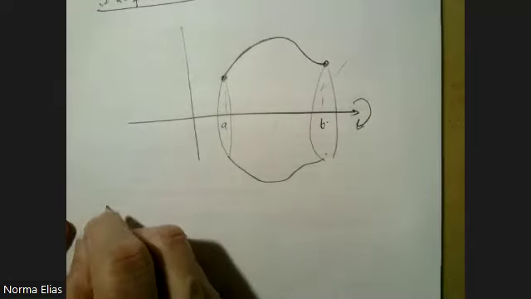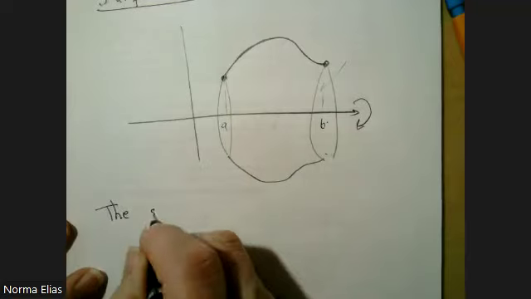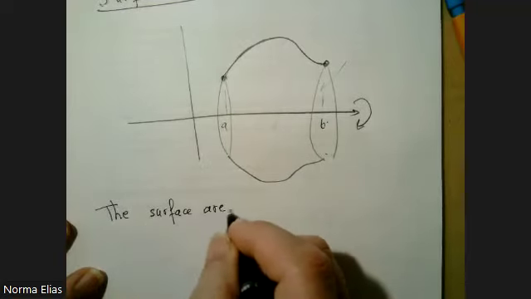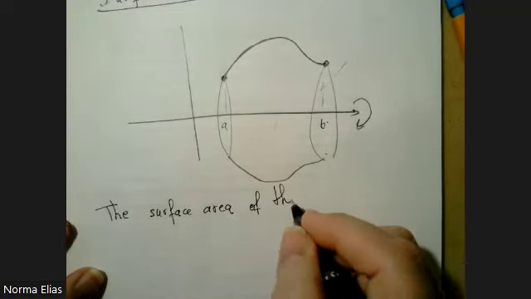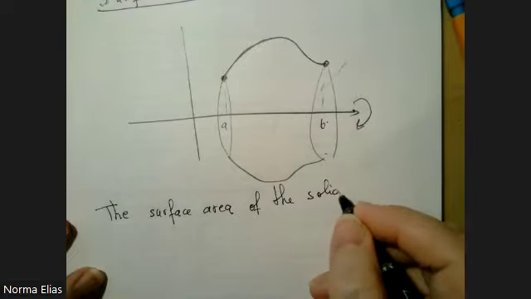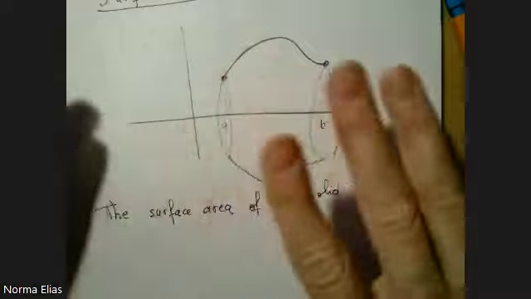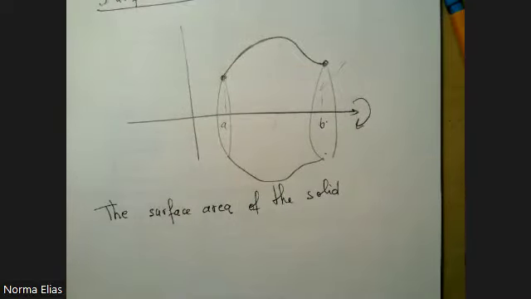So the surface area, that's the formula. The surface area of the solid. Remember, that's an area now. So for you, it's just like you take the solid, cut it, open it, flatten it, you get an area. That's what the surface area is.